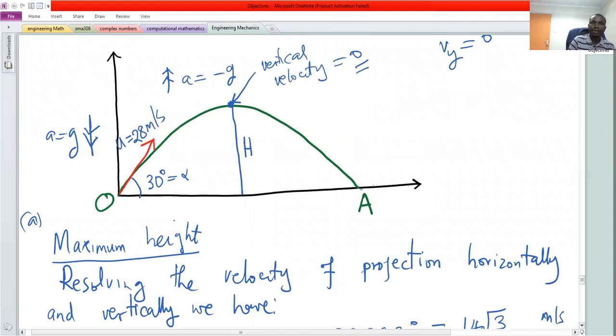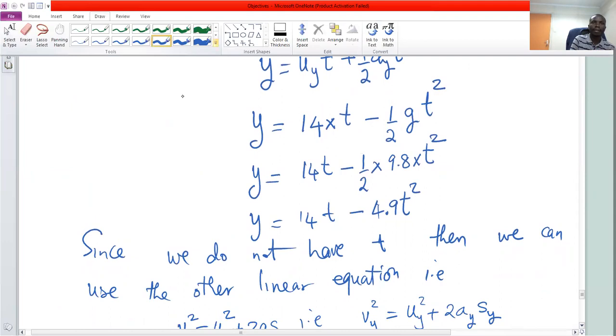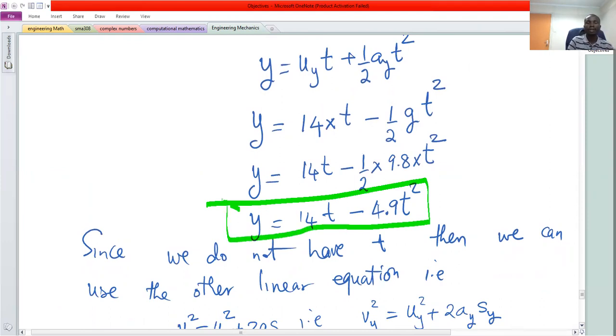at this point here on the x-axis, the value of y is 0. So once you have the y equation, you can calculate the value of t where the equation for vertical motion is 0. In the first part, we had already found the equation governing the vertical displacement.